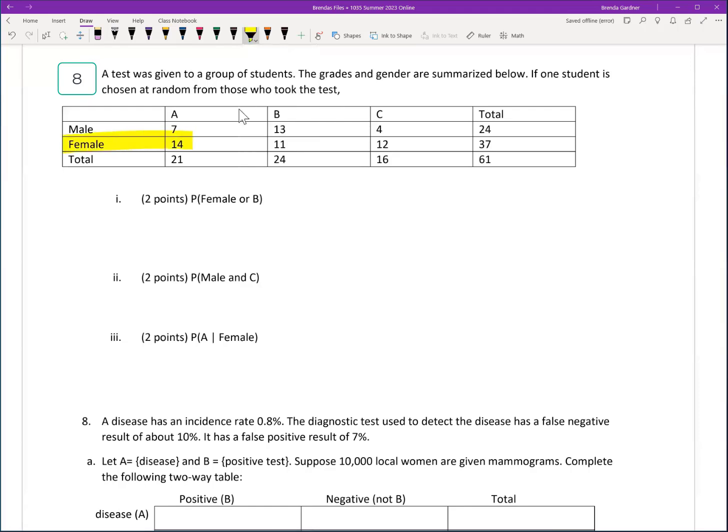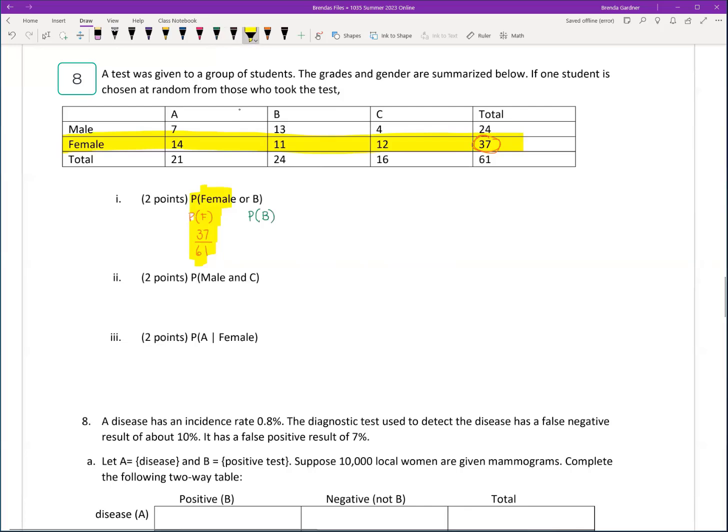is 37, right? So 37 females out of a group of 61. So that's the probability that they're female, right? What's the probability that a student gets a B?